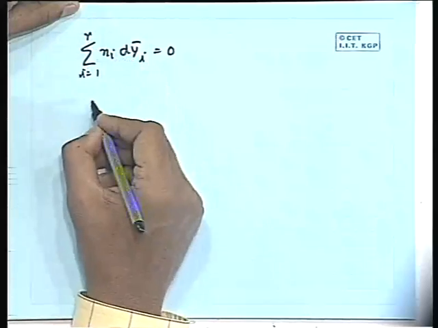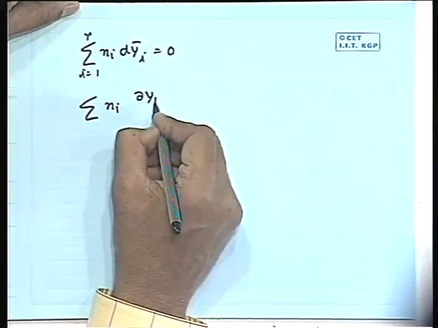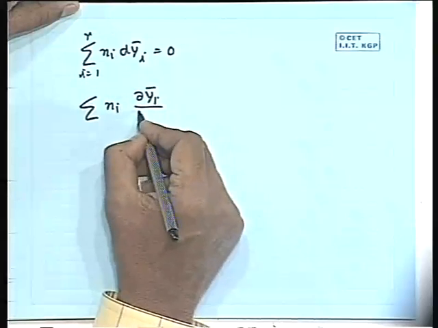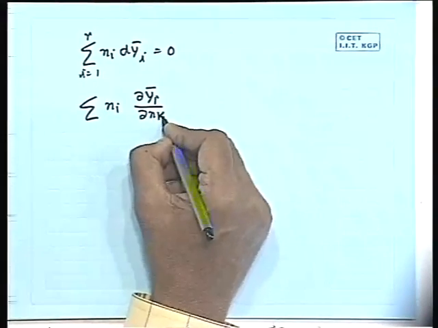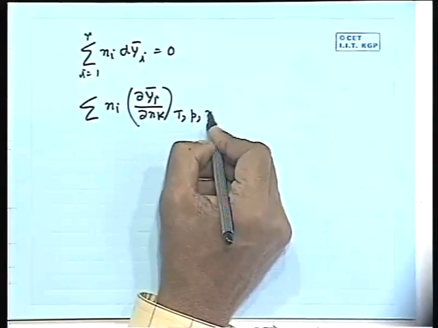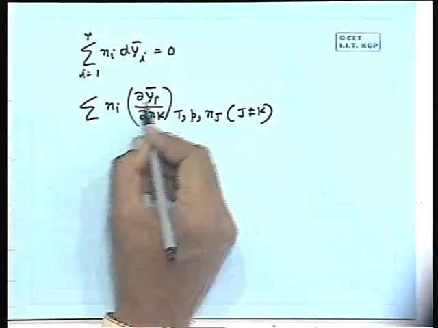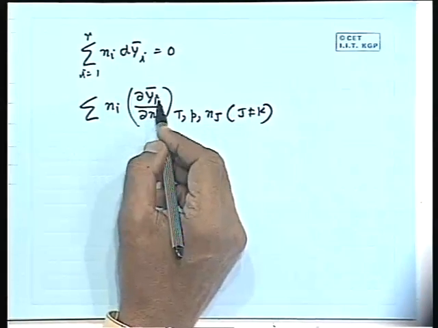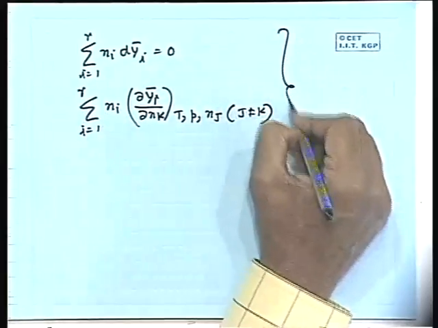In multi-component thermodynamics, ∂y/∂n_k is the partial molar property, from Euler's theorem on homogeneous functions, considering the function y is homogeneous of degree 0 in n. These two are very important relations.